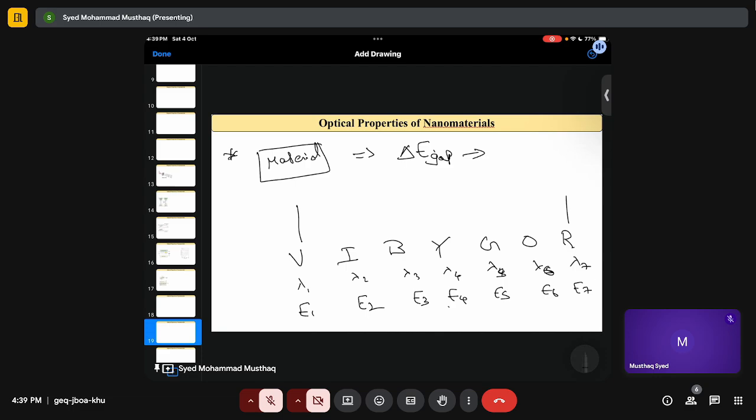Each color has a certain wavelength, each wavelength has a certain frequency, and that means it has some energy, which can be related as E1 equals hc divided by lambda 1, and c is the speed of light, because we are only talking about photons.